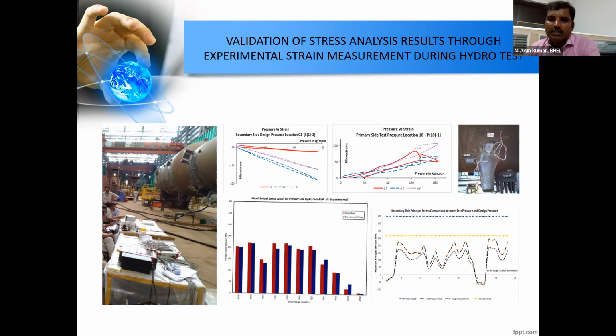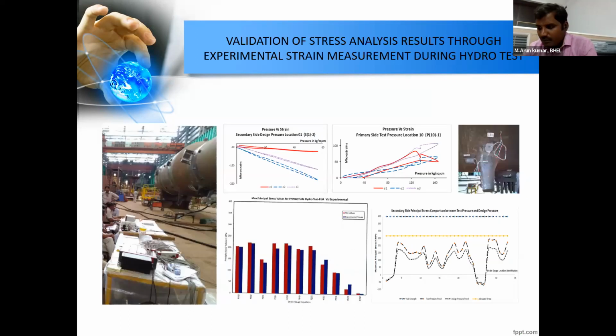In each and every step, we are arriving at a stress cycle, so that we are comparing with the predicted stresses, and these predicted stresses are validated with the experimentally arrived stresses within 2%. Then only we are giving guarantee for 40 years of life for a particular component.